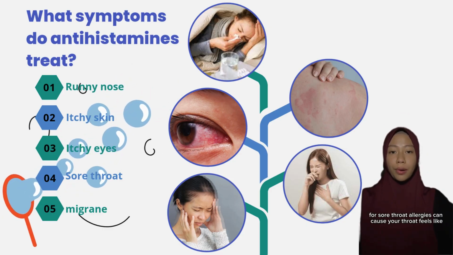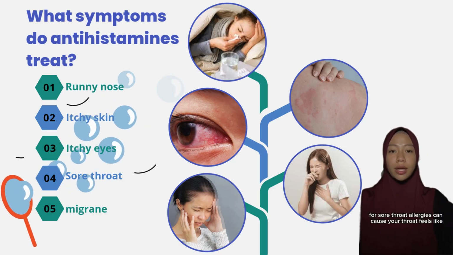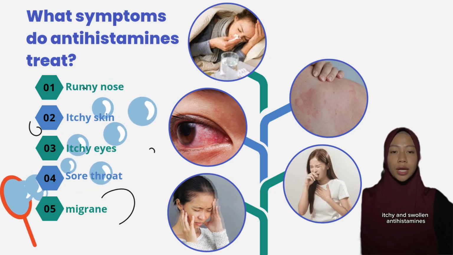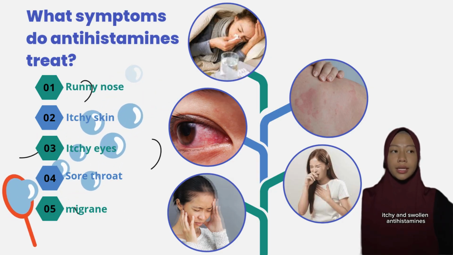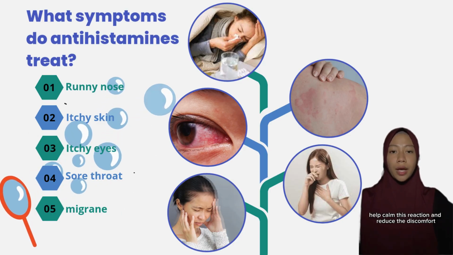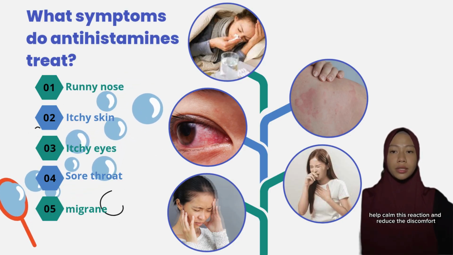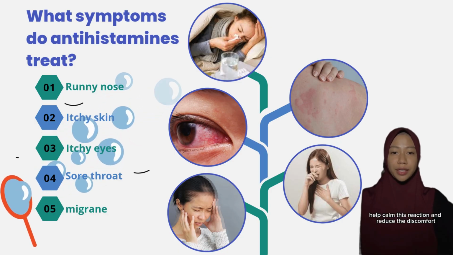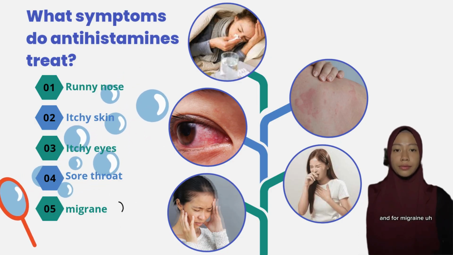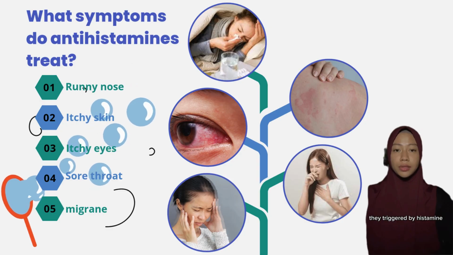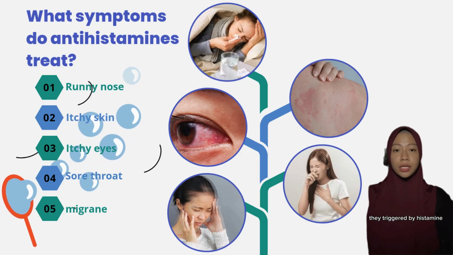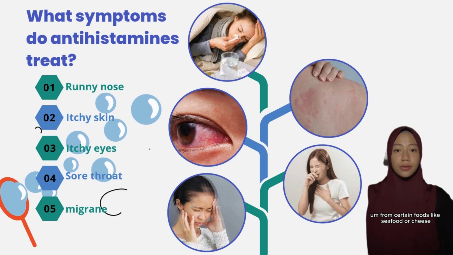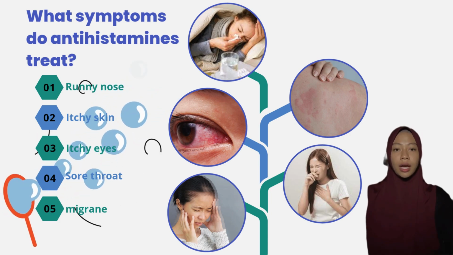For sore throat, allergies can cause your throat to feel itchy and swollen. Antihistamine helps calm this reaction and reduce the discomfort. And for migraine, it's triggered by histamine from certain foods like seafood or cheese.